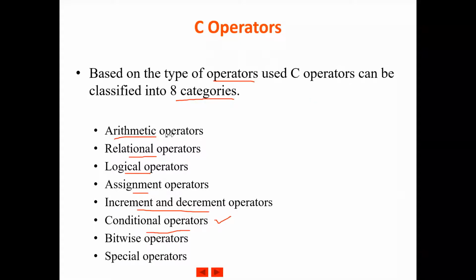Asha has correctly answered: conditional operator is a ternary operator, working on 3 operands. That is all correct. But how do we write the conditional operator? Exclamation is not a conditional operator. Question mark followed by colon. Understood? Conditional operator.